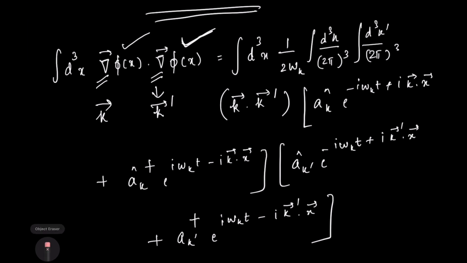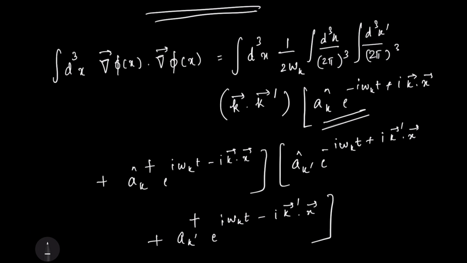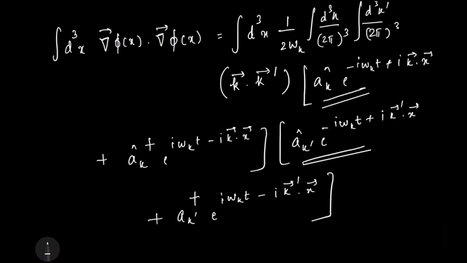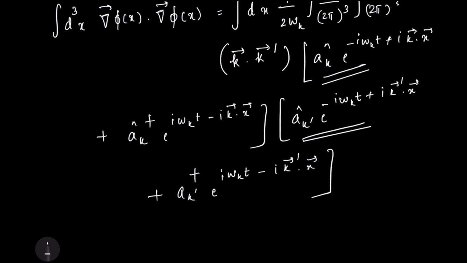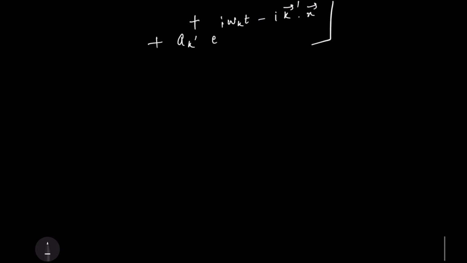Now I have to multiply each term. First a_k with the first term in the next bracket, then the first term in the first bracket with the second term in the second bracket.